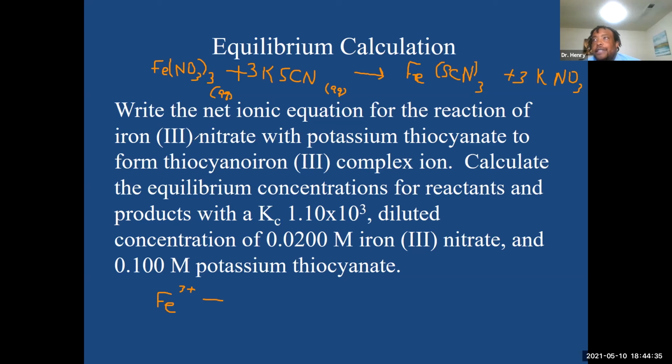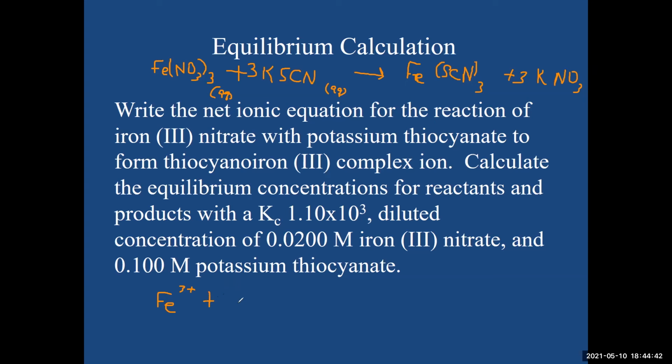Do you guys remember how to do it? What would be our total ionic equation first? The total would be Fe3+ plus nitrate 1-, and then 3 potassium 1+, and 3 thiocyanate 1-?